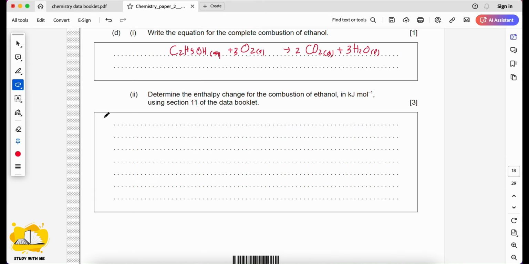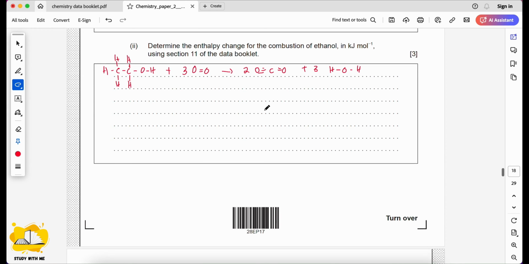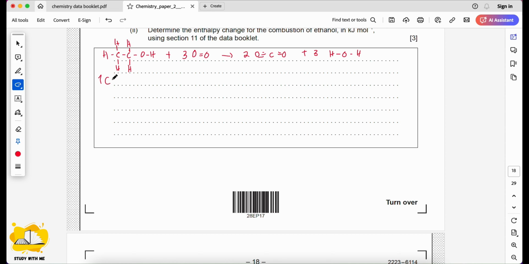I really like to always write down the structure, so I will not make a mistake when counting how many C bond to H or C and C. Otherwise, you tend to make mistakes. So the products are 2CO2 plus 3H2O. On the reactant side we have 1 C-C and 5 C-H, plus 1 C-O, 1 O-H, plus 3 O=O. For the products, 4 C=O plus 6 O-H.